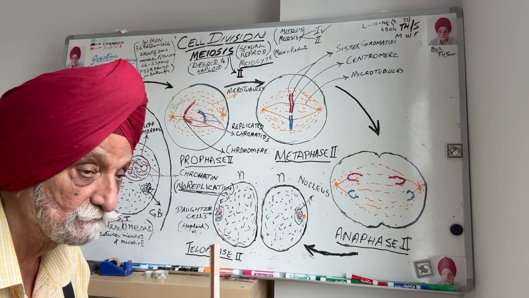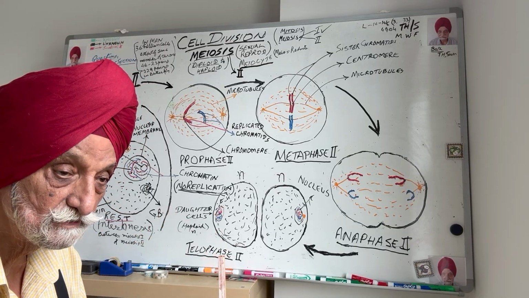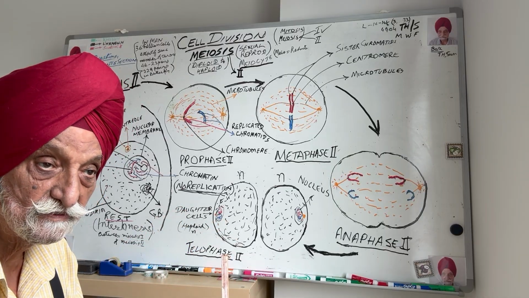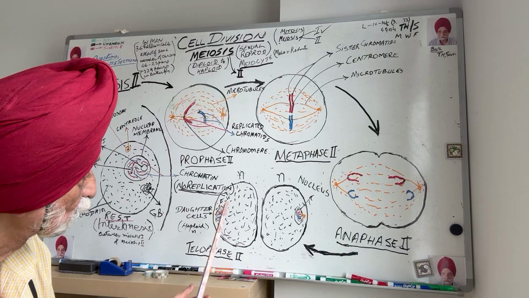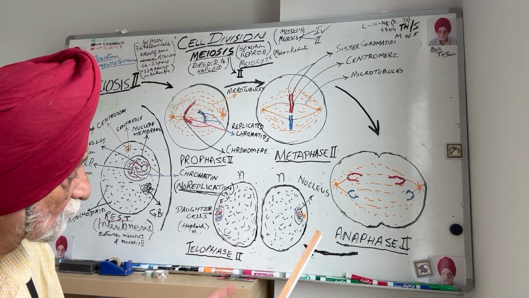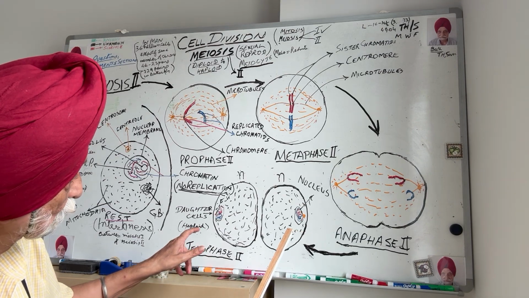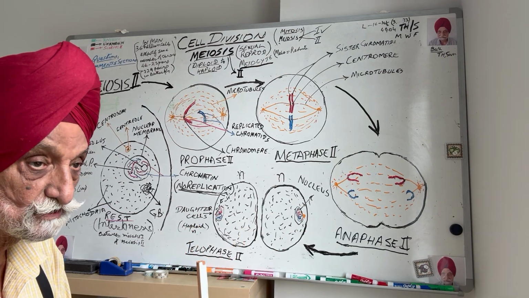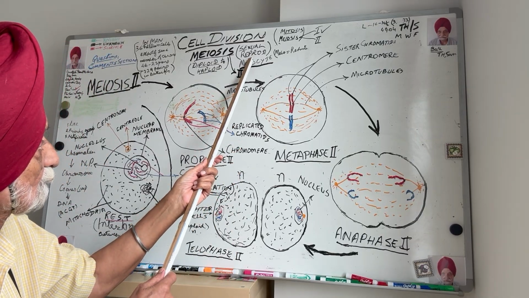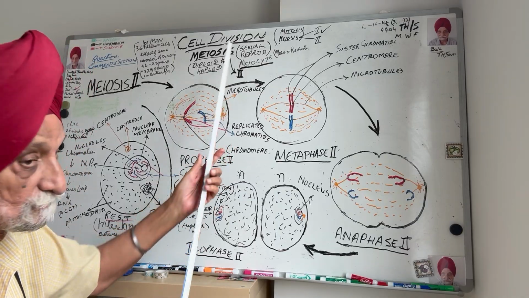Consequently, if you remember, after meiosis I, there were two daughter cells. And now, at the end of meiosis II, there will be four daughter cells. And each of the four daughter cells has haploid chromosomes. And if you remember, this process of meiosis was brought in for the process of sexual reproduction.